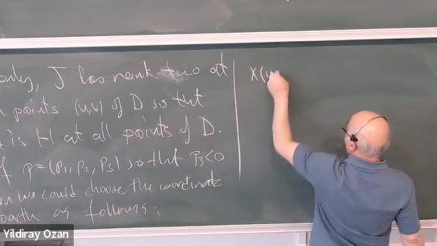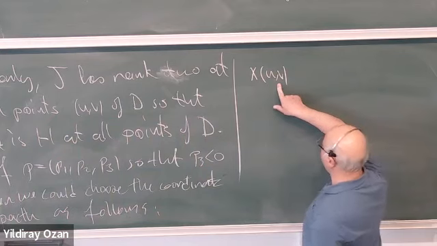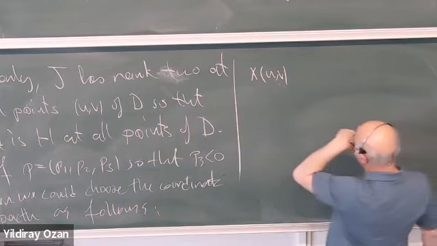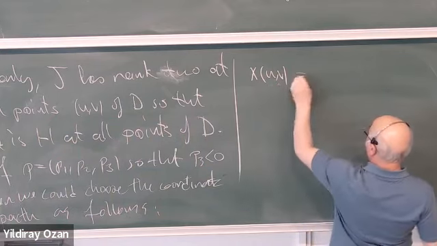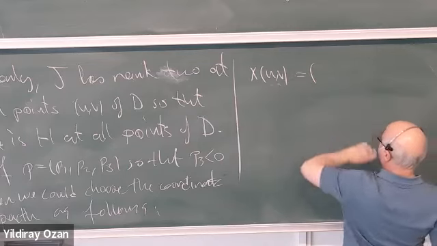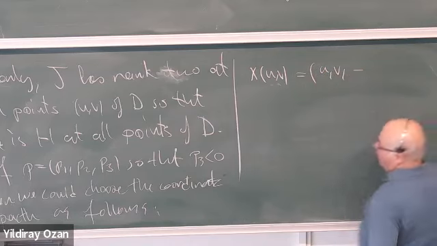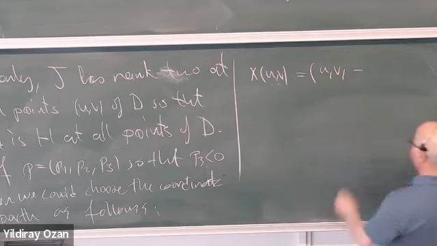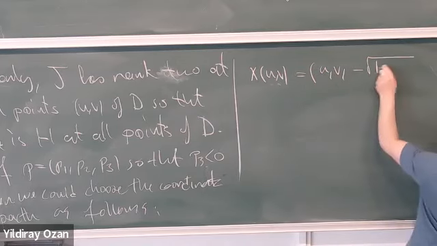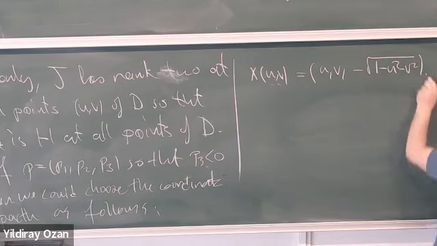X of UV, again the same function defined on the same D, but the coordinate functions are a little bit changed. So UV here, and since the last coordinate is negative, I take the negative square root, okay?